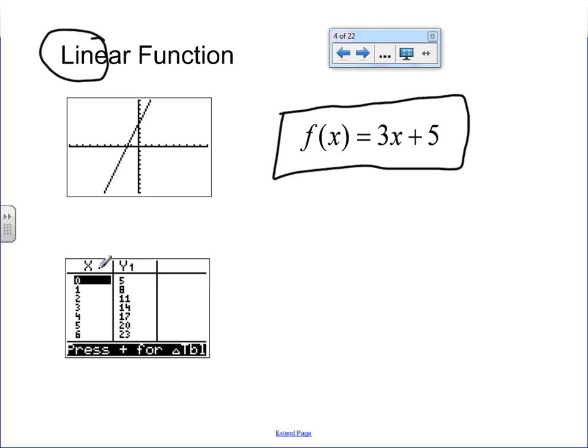And when we look at the table of values for a linear function, and this table matches up with that graph, what we notice is that every time we move along from one number to the next, we add 3. To get from here to there, we add 3. To get from in between, which I didn't put in, we add 3. So every time we add or subtract a constant number to get from one number to the next.